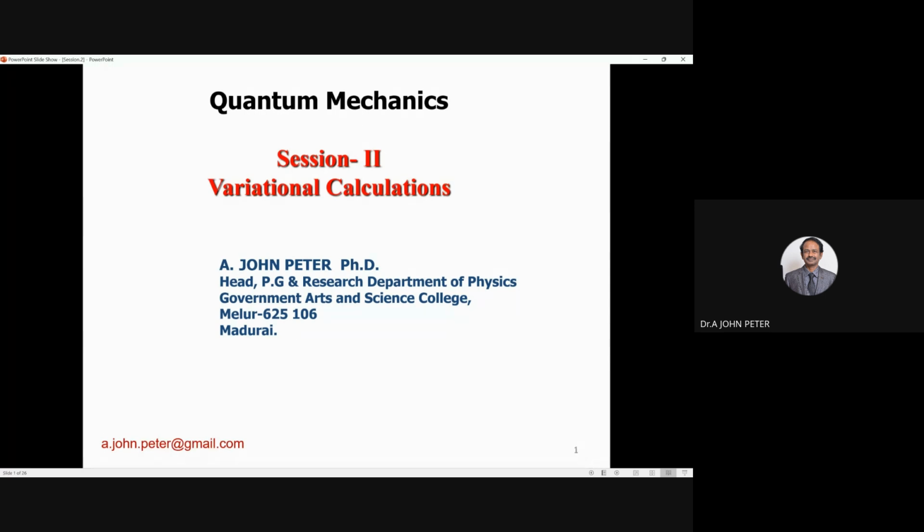These upper bound values will always be greater than the true experimental value, minus 13.6 electron volt, because the electron will tend to be in a minimum position. Just remember this word, minimum. Minimum and maximum we always differentiate. To get the minimum value, we have to differentiate with respect to some parameter. These parameters are called variational parameters.